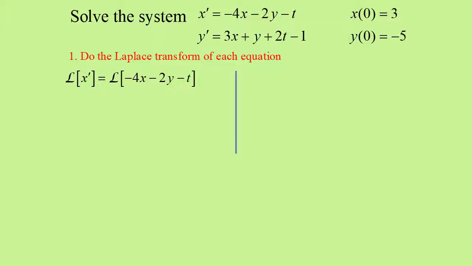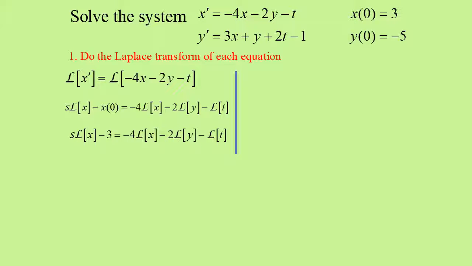On the left-hand side, the Laplace transform of x prime, we just got through doing that, is s times the Laplace of x minus x of 0. And again, the x of 0 we will replace with a 3. And then do the Laplace transform on the second equation.